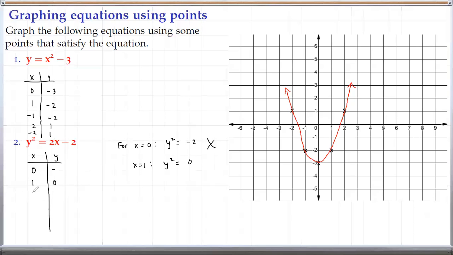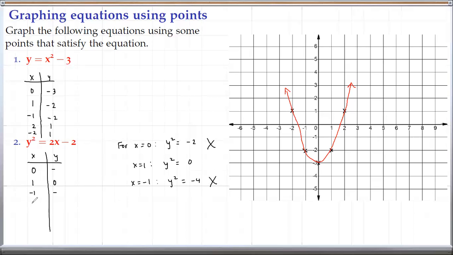Let's try x equals -1. y squared will be 2 times -1 minus 2, which is -4. Again, this is not possible because a number squared cannot be -4. So we don't have that either.